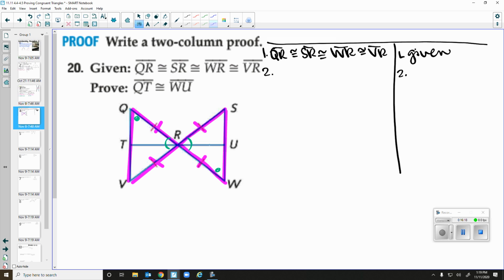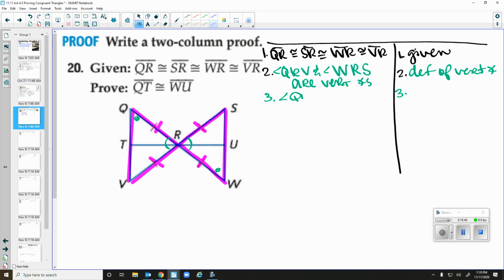So let's prove that we have angle QRV and angle WRS are vertical angles. Which means we can say they're congruent by our vertical angle theorem.